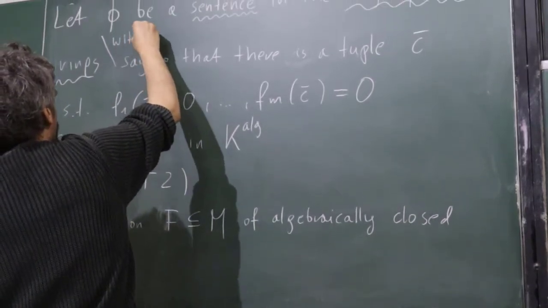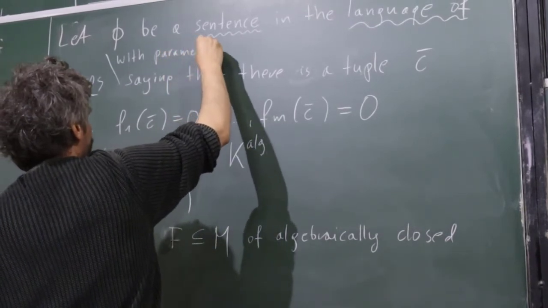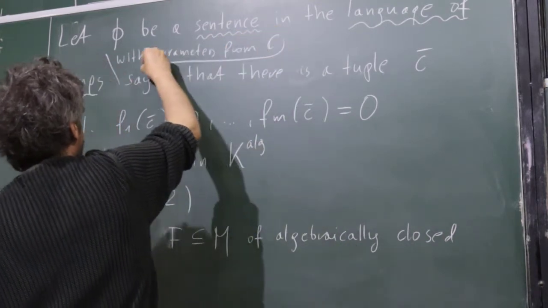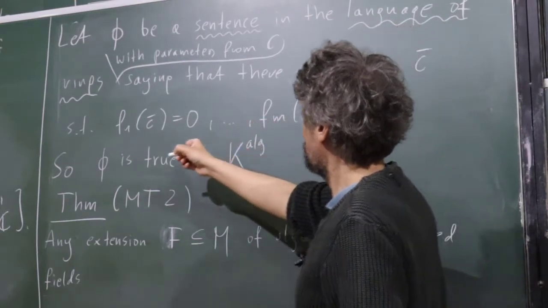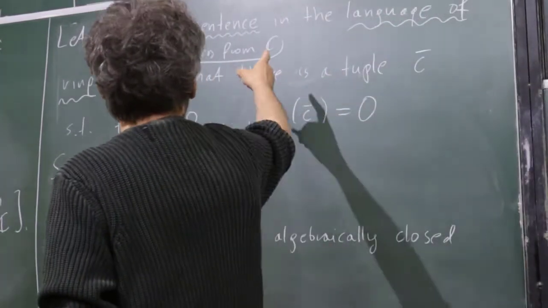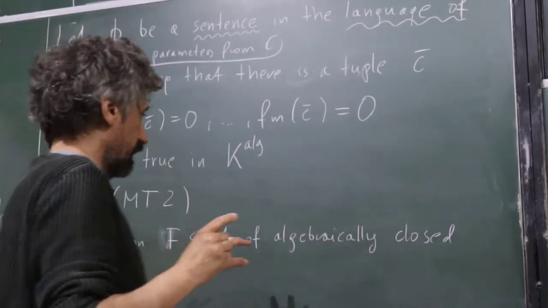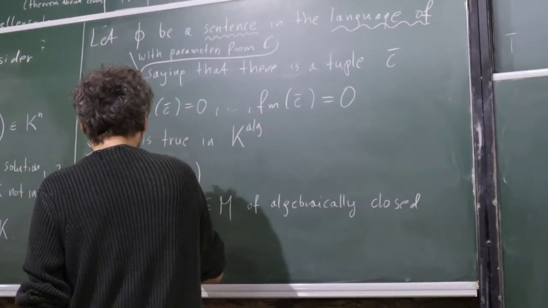It will also become clear later that this is with parameters from C, a little technical detail. It's because the sentence involves these coefficients of these polynomials, so it involves some parameters from C, which is okay.